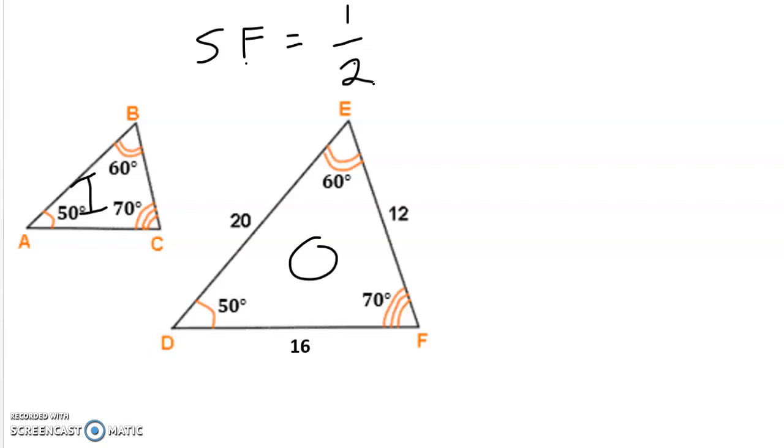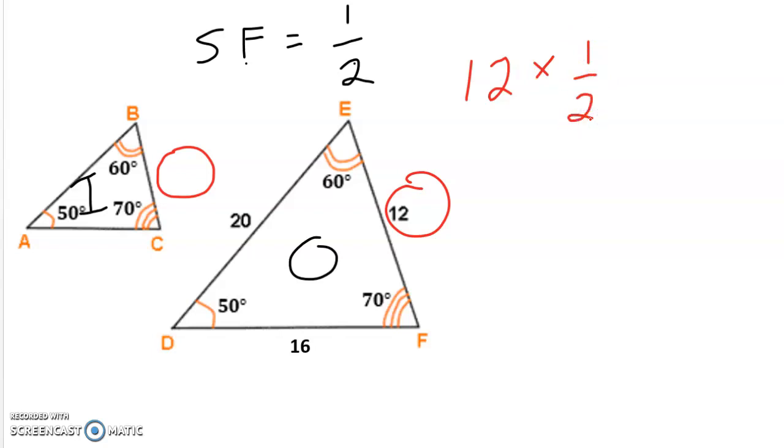I'm going to choose a side length, let's start with 12 this time, and the corresponding side to 12 on my image shape is right there. So EF corresponds with BC. Here's what I do. I take my original side length, which was 12, and I multiply it times my scale factor, which is 1/2.